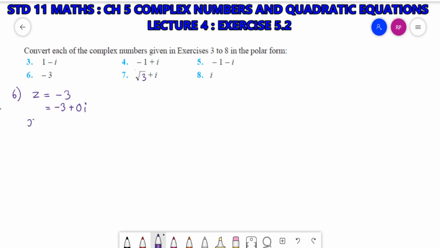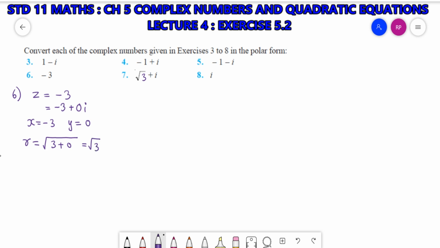So x is equal to minus 3 and y is equal to 0. So modulus r is equal to under root of x square, that is minus 3 square, 9, plus 0 square, that is 0. So that is root 9, that is 3.